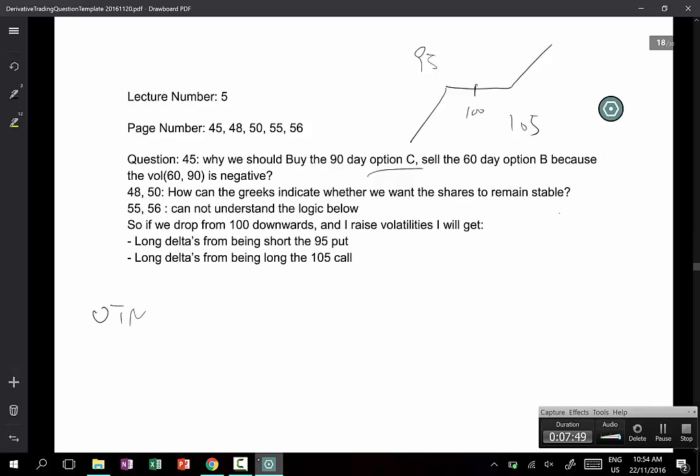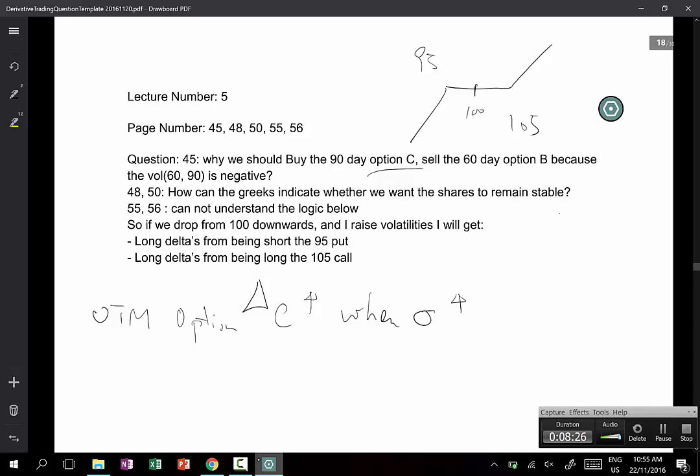Now, one thing that I have explained to you and drawn to your attention is that for out of the money options, and in fact this was one of the questions in the question set, let's take call options. For call options that are out of the money, the delta actually increases when volatility increases.